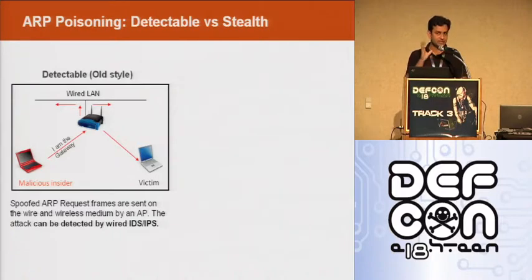And after that, the access point decides and forwards those packets to the wired segment of the LAN or the wireless segment of the LAN, which means the security systems present on that network, wired IDS or IPS or switches, are going to see that packet, which means the footprint of the attack is available on the wire, and any wired security systems which are capable of detecting ARP spoofing attacks are going to capture that packet and detect this attack.